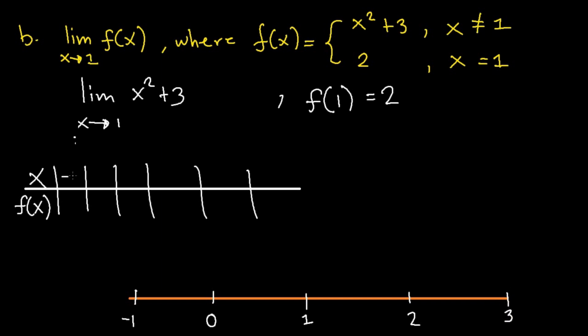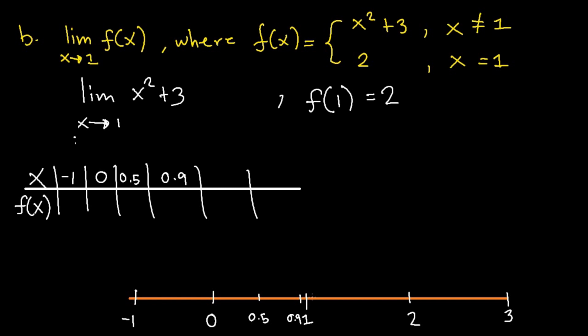Therefore, pwede ka magbutang og negative 1, 0, and ga-approach man sa 1, so gamiton nimo ang mga values na pinakaduol sa 1. So that's 0.5. Tapos diri 0.9. So include nimo ang 0.5 tapos 0.9.